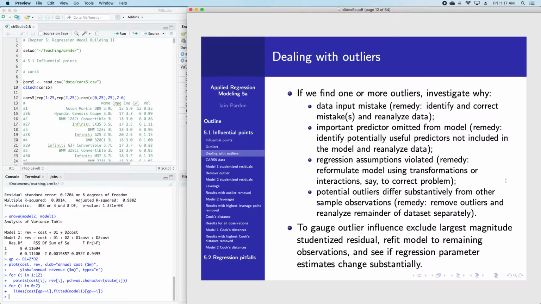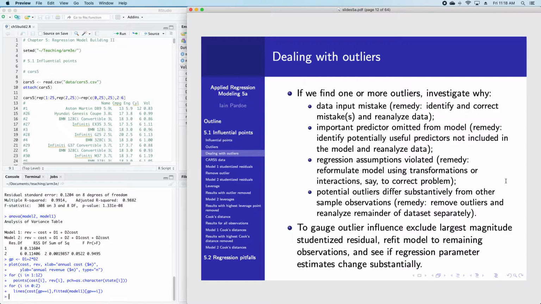So how are we going to deal with the question of determining how much of an influence an outlier that we've discovered is having on our model? Let's say we've found an outlier.